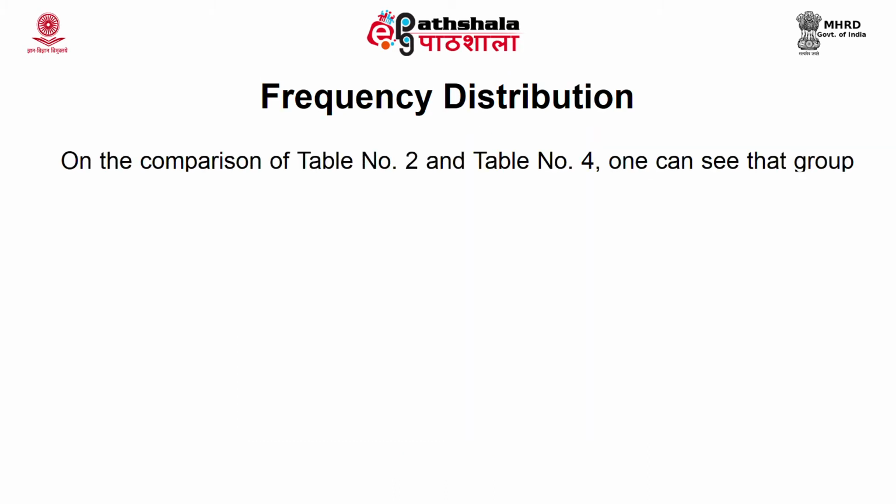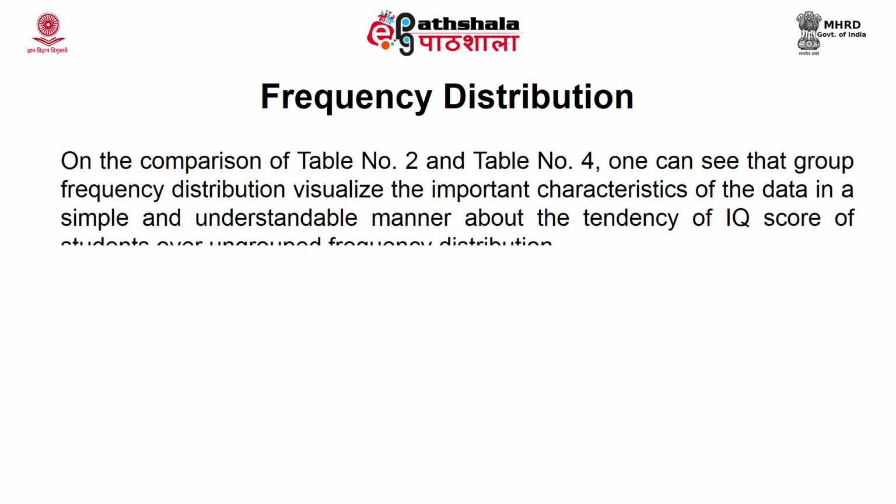Now on comparison of table 2 and table 4, one can see that grouped frequency distribution visualizes the important characteristics of the data in a simple and understandable manner about the tendency of IQ scores of students over ungrouped frequency distributions.